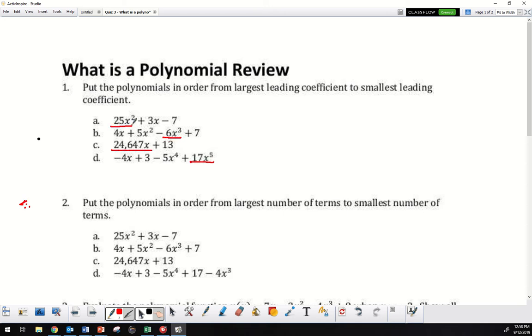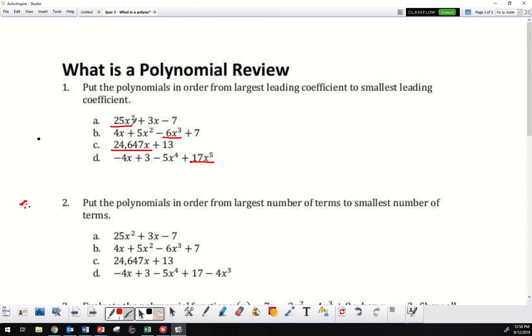I identified the leading coefficient of the polynomial first, which is the term with the highest degree. I underline those so I can put the polynomials in order from largest leading coefficient to smallest leading coefficient.